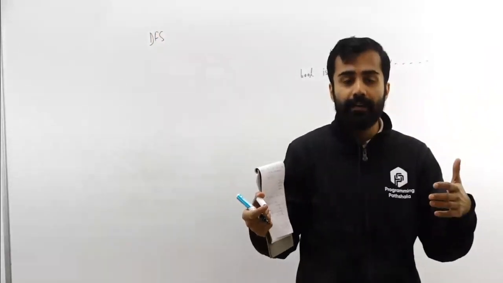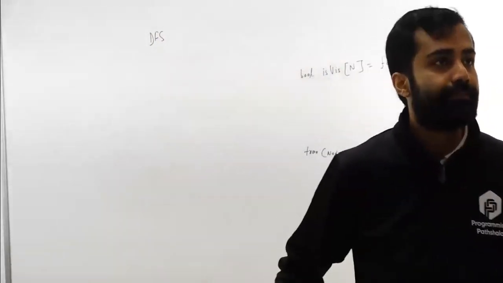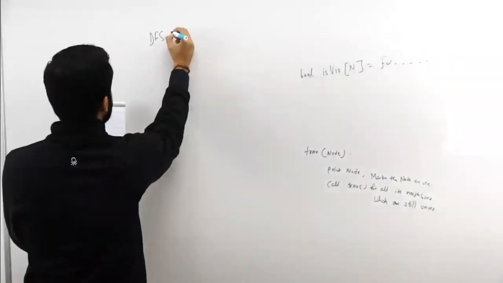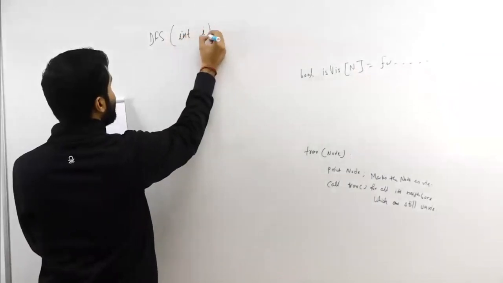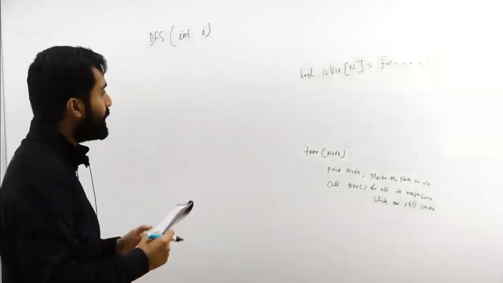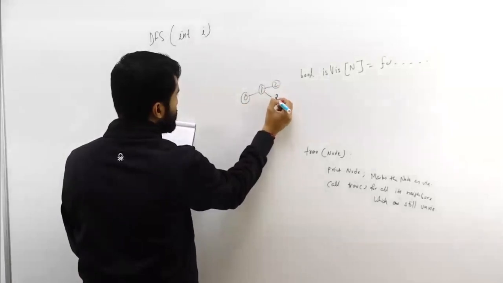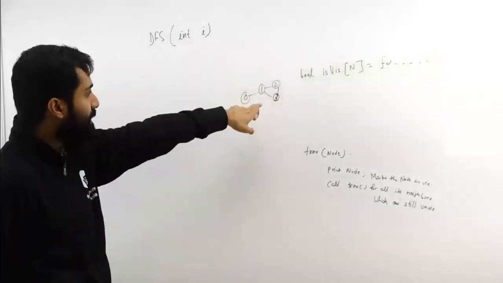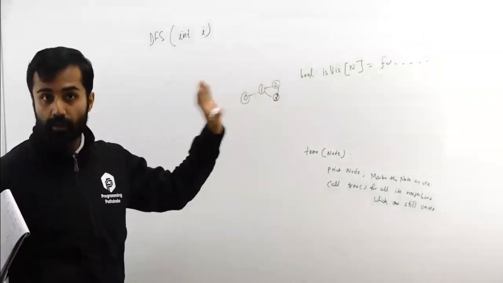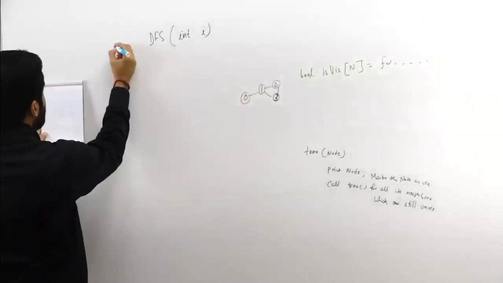It is just pre-order with a Boolean flag to keep track of things. Okay, so let's say we have this function that takes in a node, and you can start DFS from any node. It is up to you where you want to start. So let's say you have this simple graph with you. You can start from 0, you can start from 1, you can start from 2, it is up to you. It is guaranteed that all the nodes will be traversed, only their order could be different. Okay. So this is what we have.